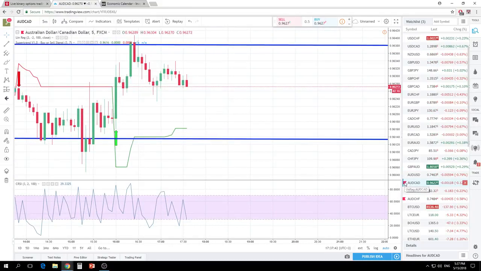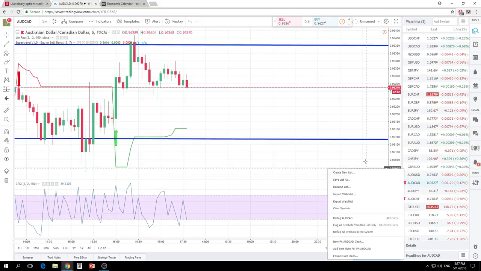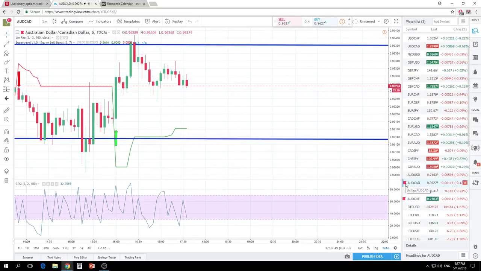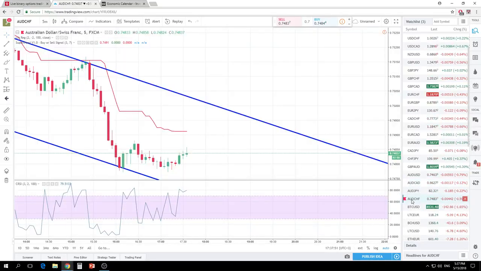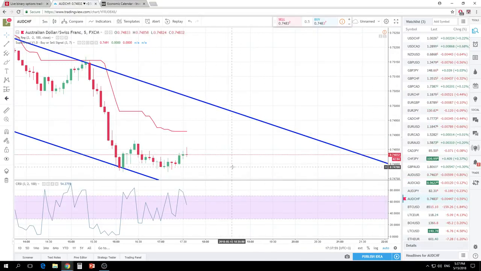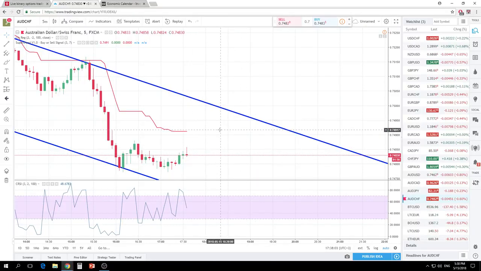Australian and Canadian dollar, even this pair of assets is now directly showing profit with our analysis. And Australian dollar Swiss franc, the trade that we should be focused on and not think about opening a new trade, is still trembling between green and red candles.